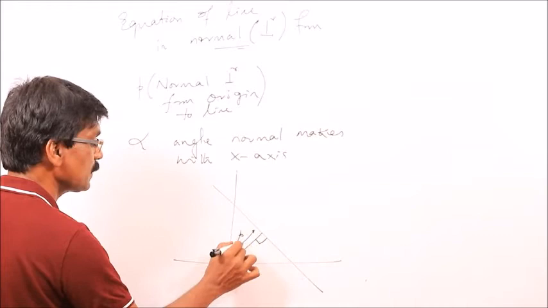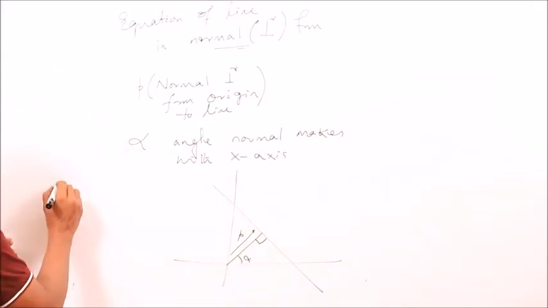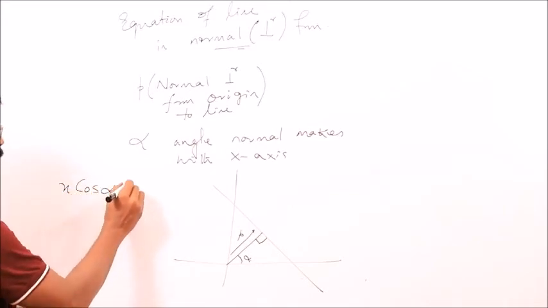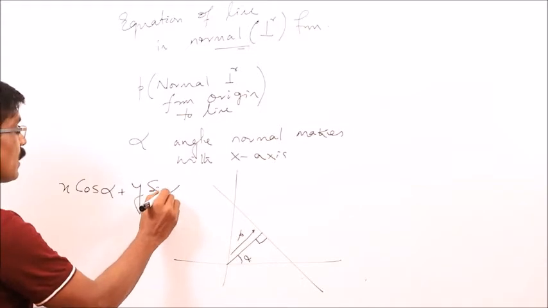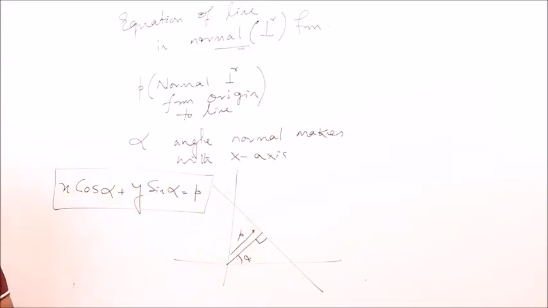Length of the normal is p and the angle is alpha. Then the equation of the line is x cos alpha plus y sin alpha is equal to p. So this is called normal form.